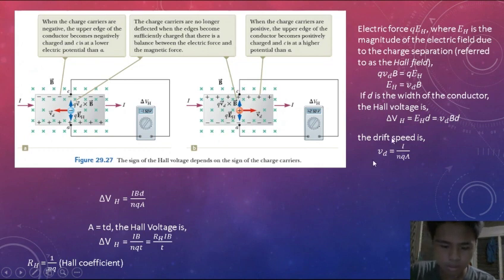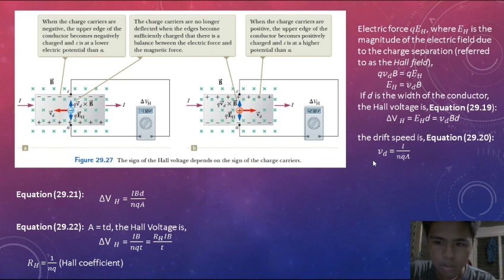From that equation, we derive the drift speed, which is vd equals current I over nqA, where n is the charge carrier density, and A is the cross-sectional area of the conductor.